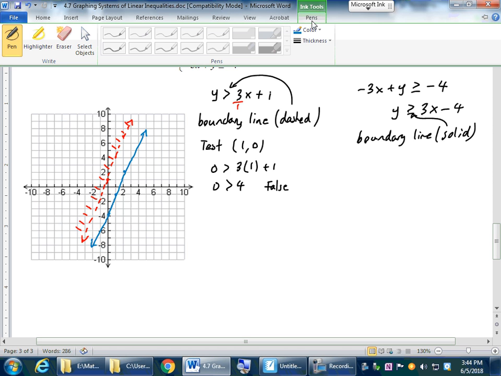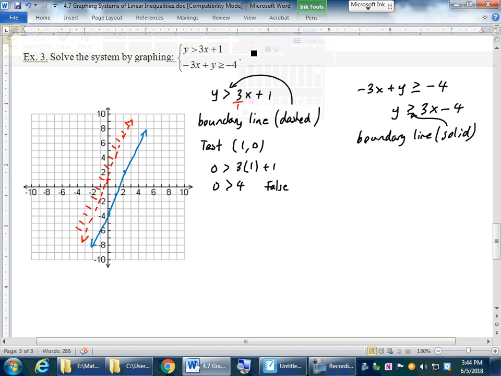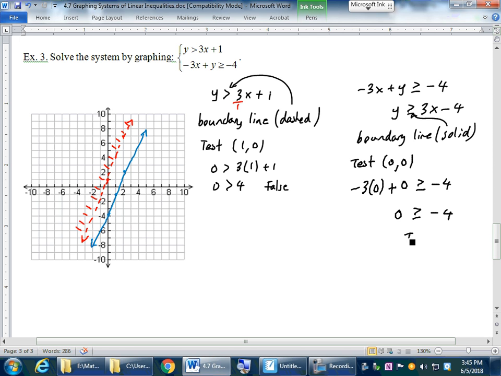Now I have to test it, okay? Test 0, 0. So I will substitute into negative 3 times 0 plus 0 is greater than or equal to negative 4. 0 is greater than or equal to negative 4. That is true. So that means this side is true and this side is false.